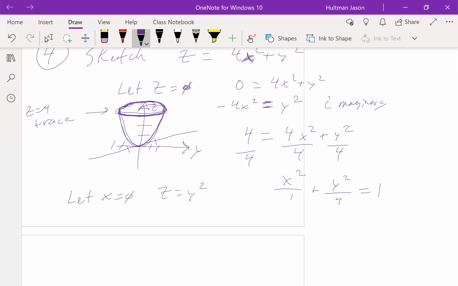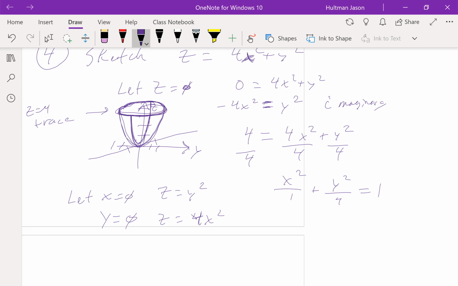What about, let's let y be equal to 0. Then isn't that just z is equal to 4x squared? So in the zx plane, what is this going to be? This is going to be a parabola. Okay. So we're getting this cup shape.